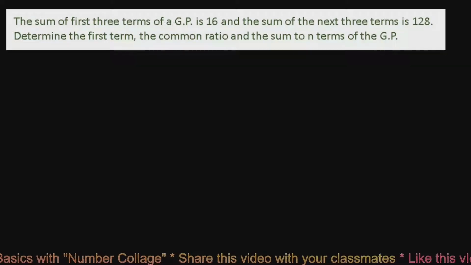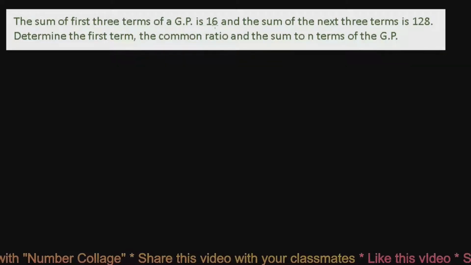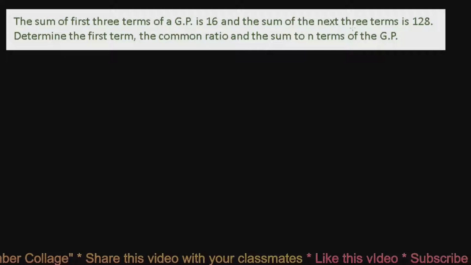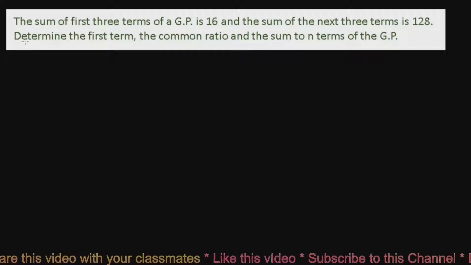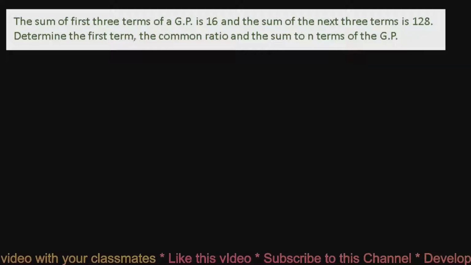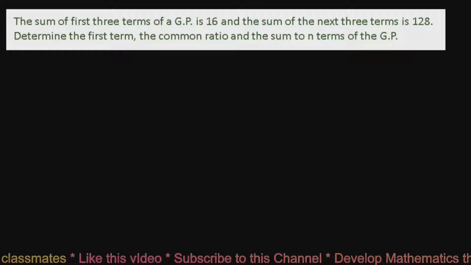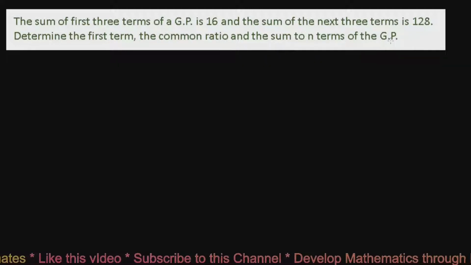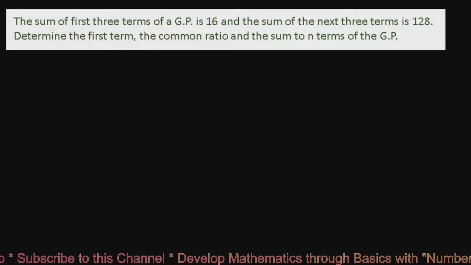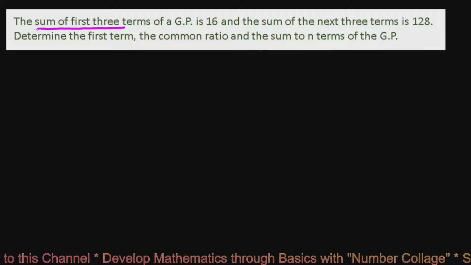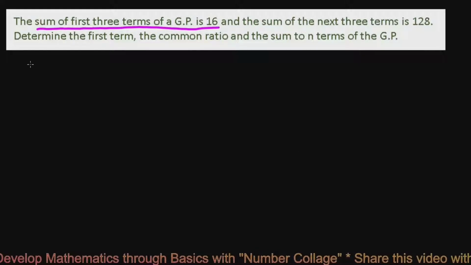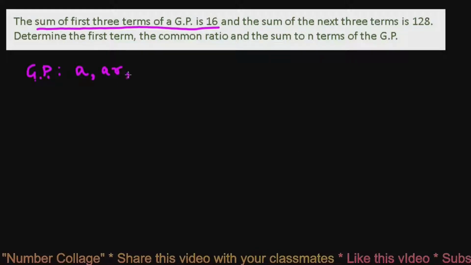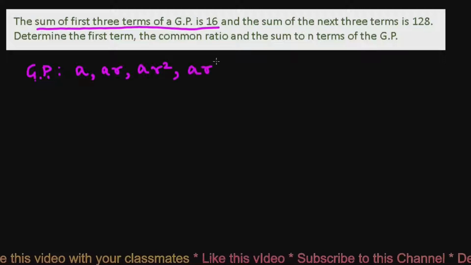In the next problem, the sum of three terms of a GP is 16, and the sum of the next three terms is 128. We have to determine the first term, the common ratio, and the sum to n terms of the GP. When it is given that the sum of the first three terms of a GP is 16, we assume the GP to be a, ar, ar square, ar cube, and so on.